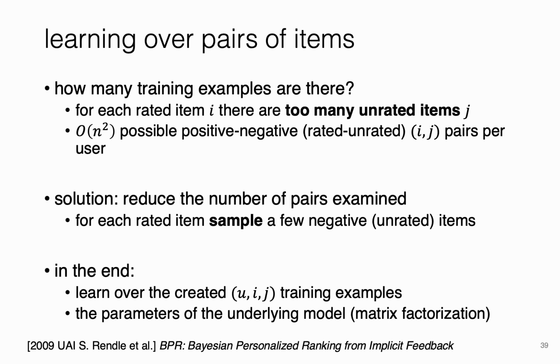And in the end, we need to learn over the created training examples we have selected. The model parameters come from the underlying model, for example, matrix factorization. What we have changed is the training examples and the cost function, which now needs to measure how accurate our preference probability estimates are.